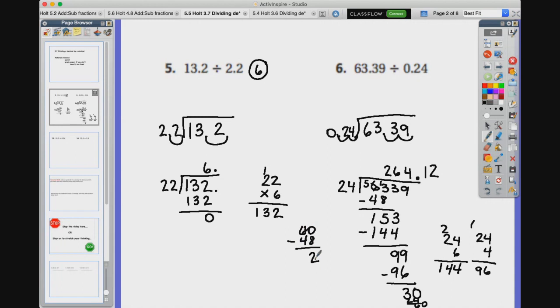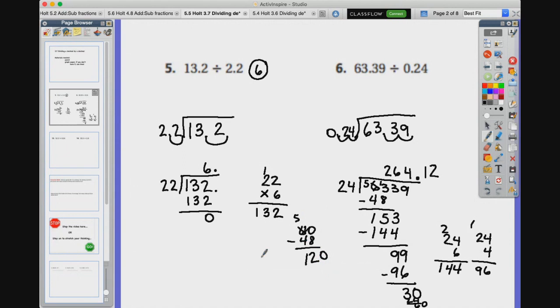So I subtract. And I borrowed. So I have 12 left over. Throw another 0 in there. 24 goes into 120. How many times? Let's see. I'm going to guess probably 5 times because I know that 24 is pretty close to 25.